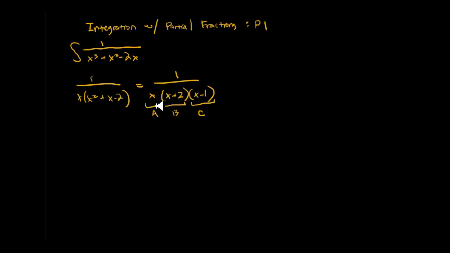Actually, let's not label it like that because we're going to use it for the numerator components. Plus B, x plus 2, plus C, x minus 1. Okay, now that we have this equation, there are certain values for A, B, and C that will make this expression equal to 1 over x to the third plus x squared minus 2x, and we just have to find the values.